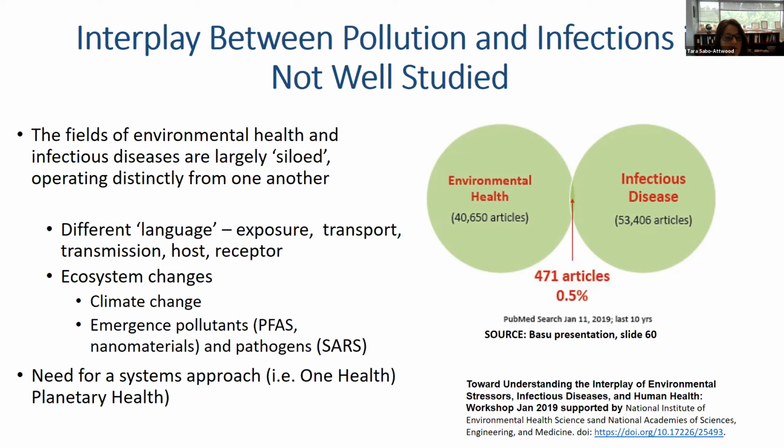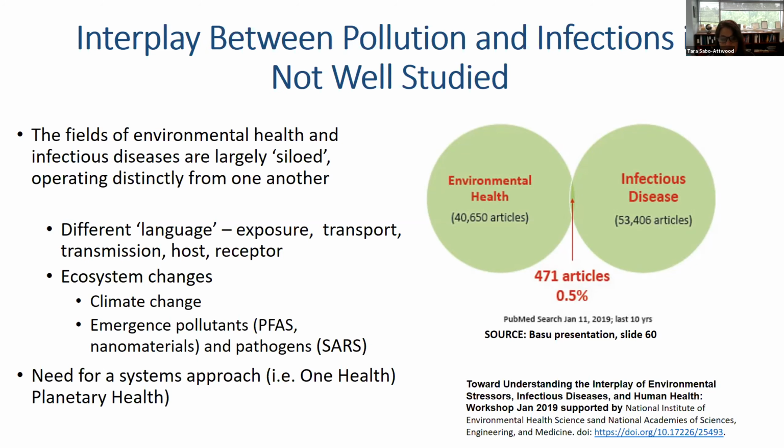And so this was highlighted at a recent workshop in 2019, where data from a PubMed search spanning the last 10 years shows that of all the articles on environmental health and infectious disease, less than 1% really address this intersection. And so this supports the notion that fields of environmental health and infectious disease are largely siloed.